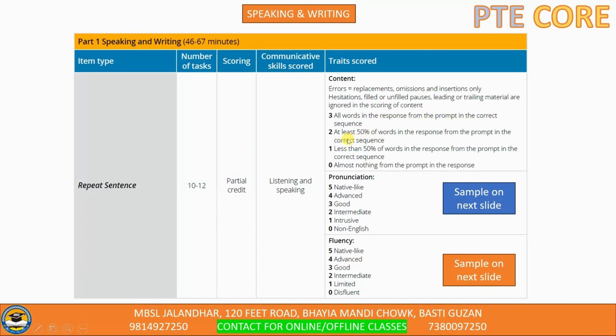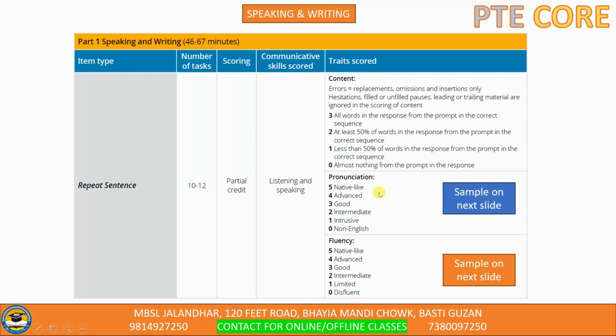You get 2 points if you have spoken at least 50% of the content. Suppose a repeat sentence is 10 to 12 words and you have spoken 7 words, then you deserve 2. And if your words are less than 50%, then you deserve 1 point for content.